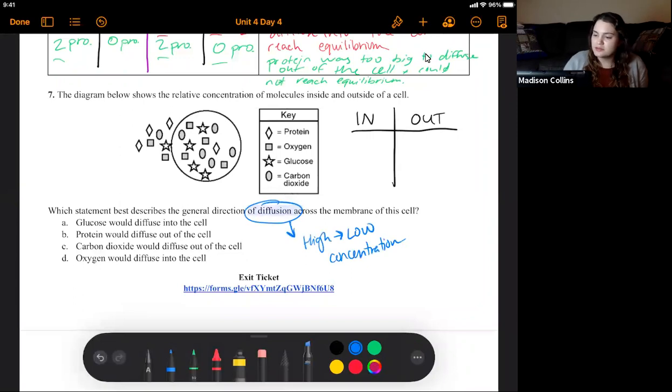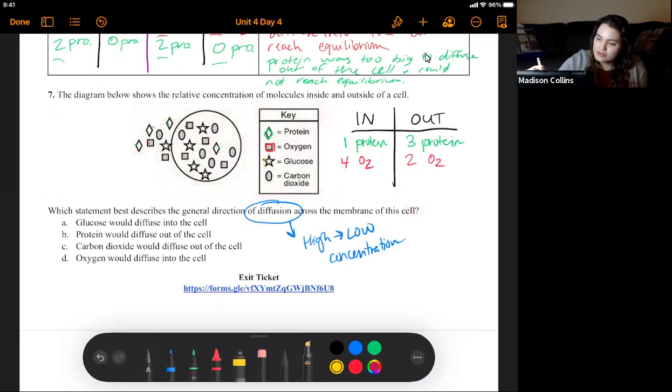Okay, so let's label each of these molecules. Protein is a diamond shape. We have 1 molecule of protein inside the cell and 3 molecules of protein out. For oxygen, it's a square. We have 4 molecules of oxygen inside the cell and 2 molecules of oxygen out.